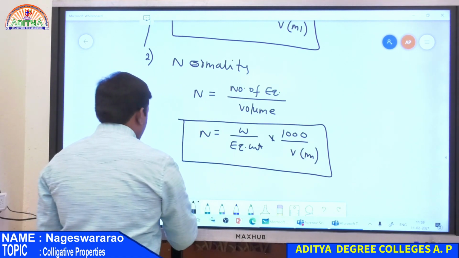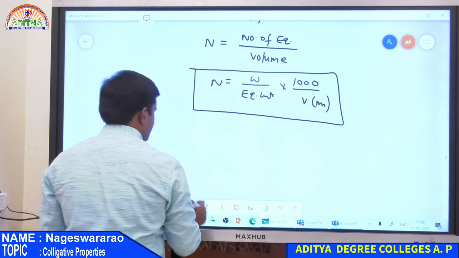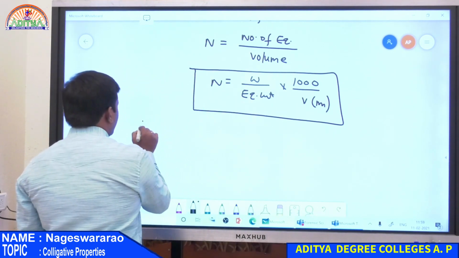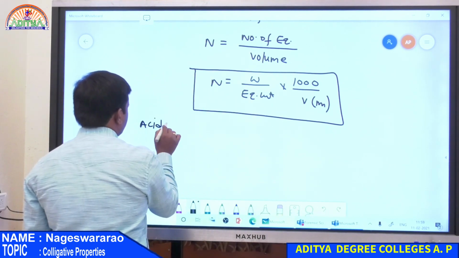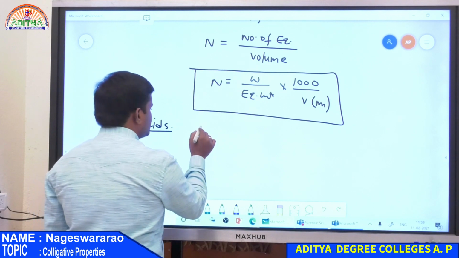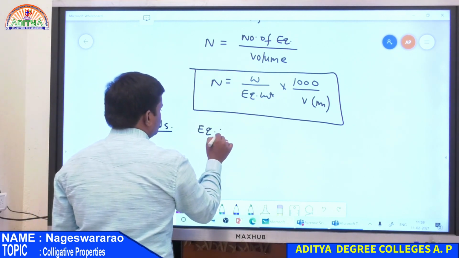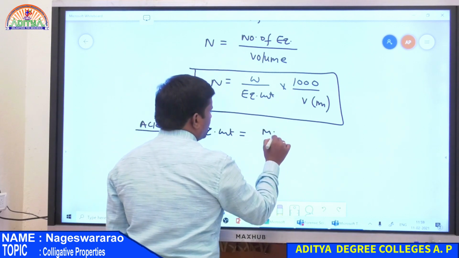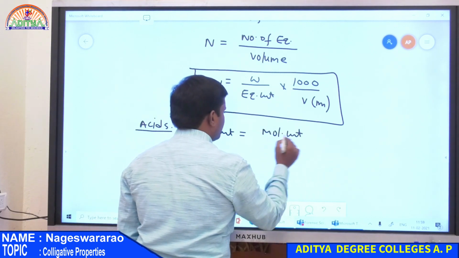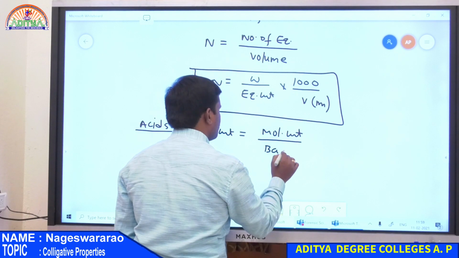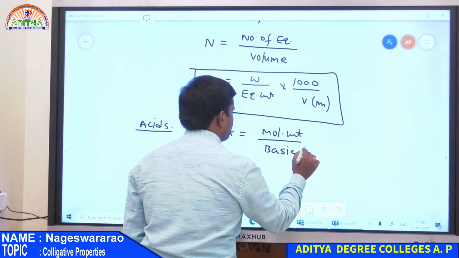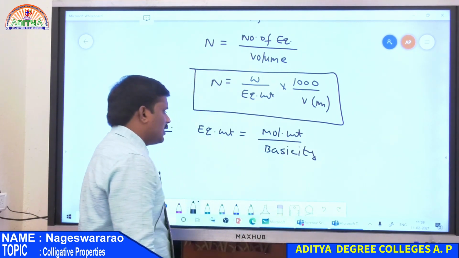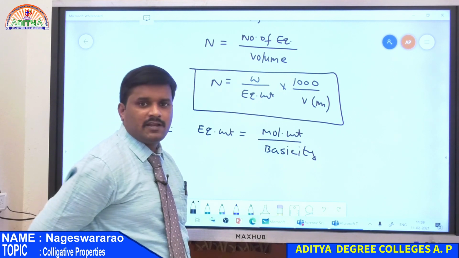Now we discussed equivalent weight. For acids, what is the formula? Equivalent weight is equal to molecular weight divided by basicity. This is the calculation of equivalent weight for a given acid.